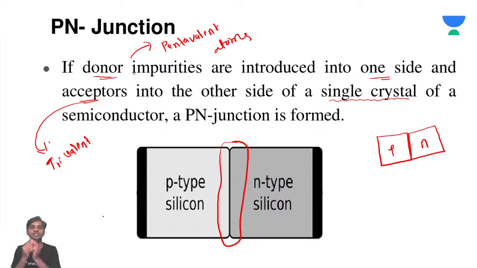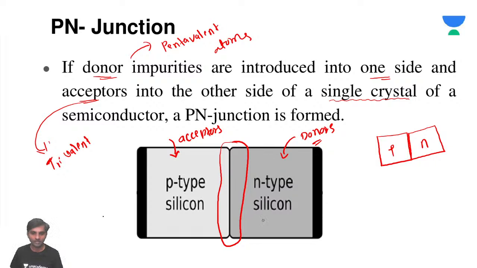What do you mean by junction in general? It is where you divert from one place to another. Let's say this part is poured with acceptors and this region with donors.